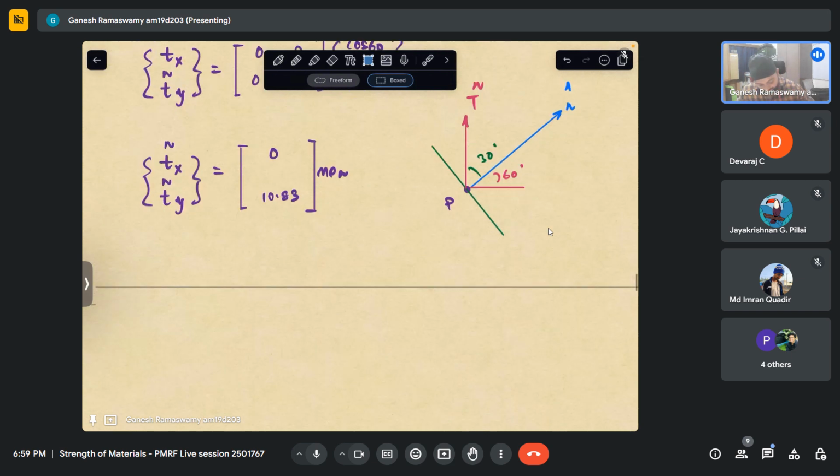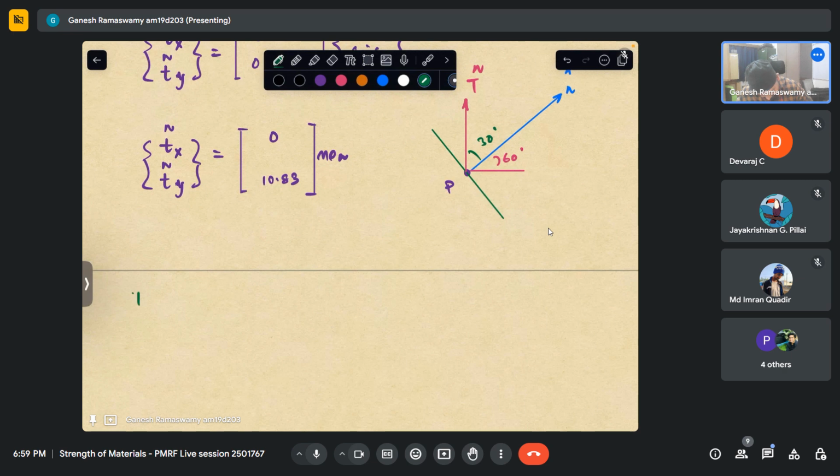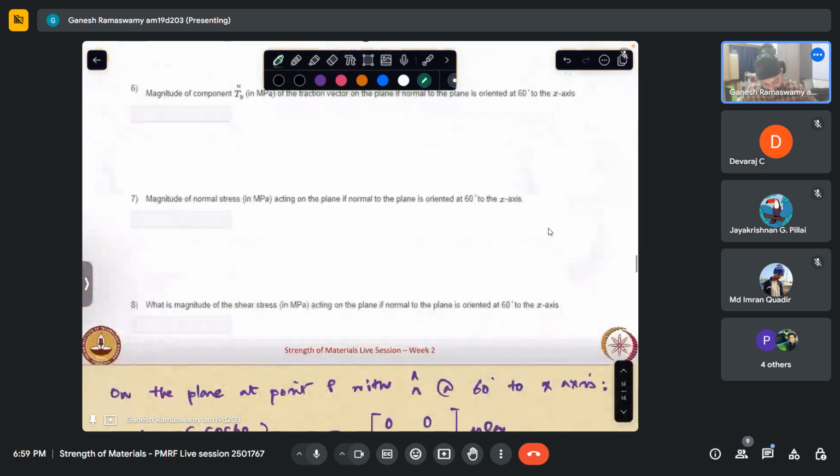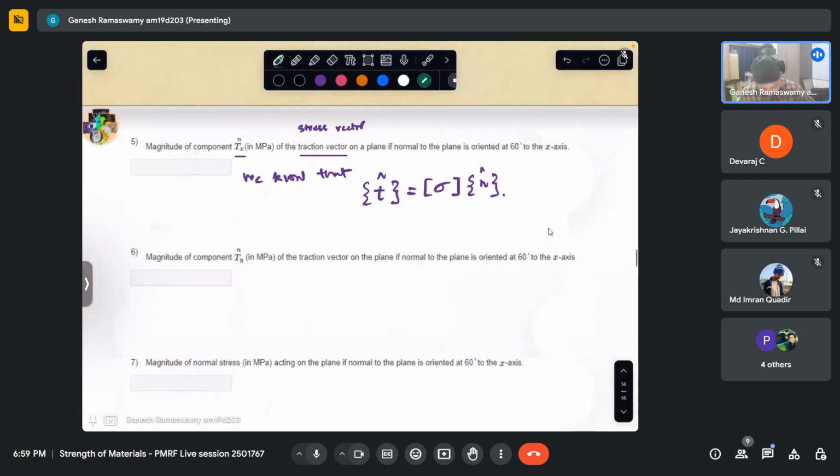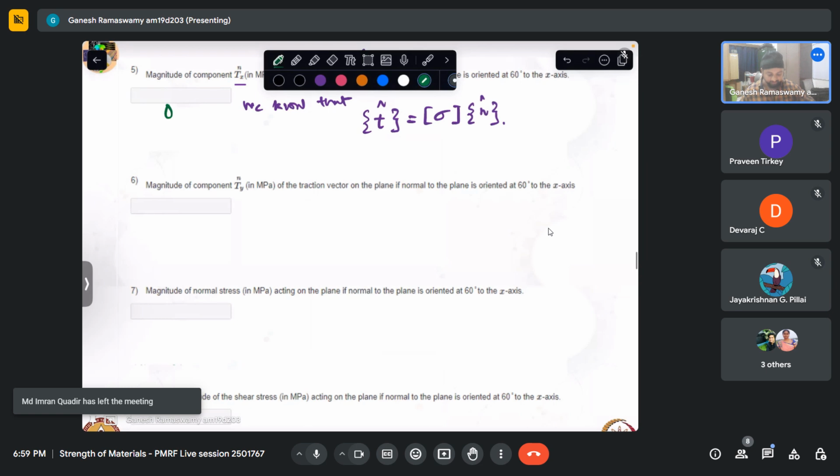So from here we know T n x is nothing but 0, and T n y is nothing but 10.83 MPa. So this question asks the magnitude of component T n x, it is 0. The magnitude of component T n y of the traction vector on the plane is 10.83 MPa. We just derived this.